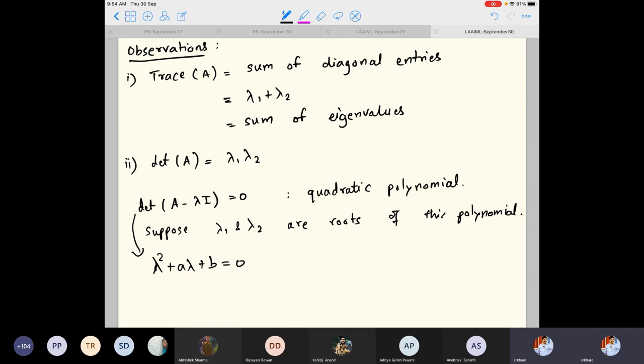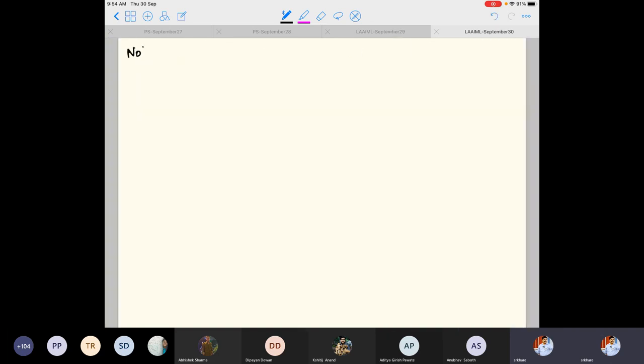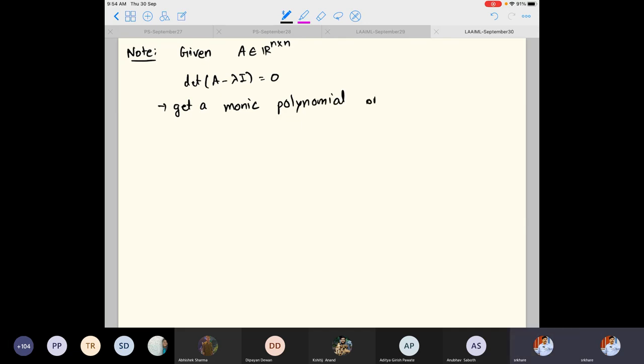So this is something that I had to say, and one of the important things that you notice here is the following. Typically now we all agree that given a matrix A in R n by n, if you want to compute eigenvalues, what you will do is determinant of A minus lambda I equal to 0. So you'll get a monic polynomial of degree n.